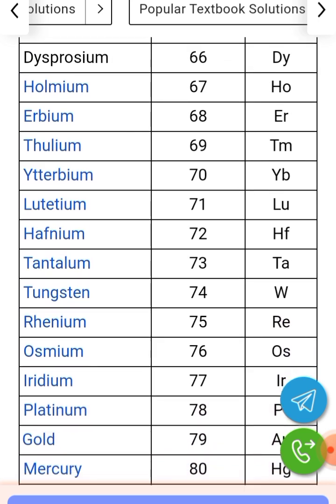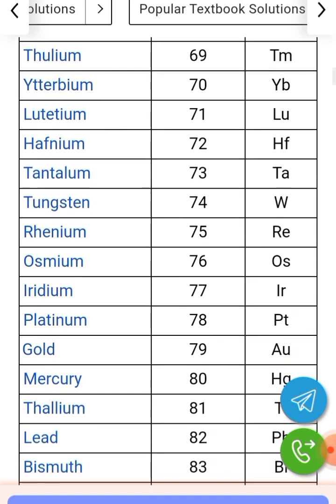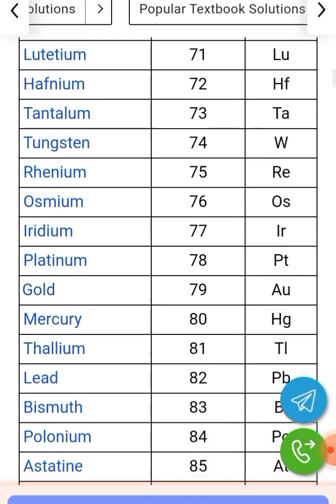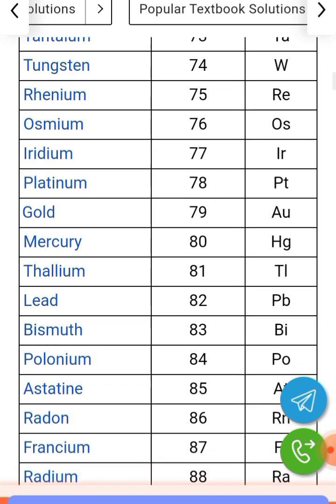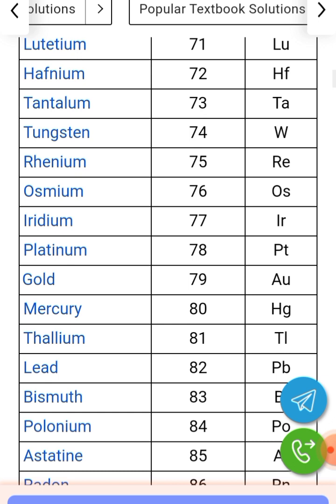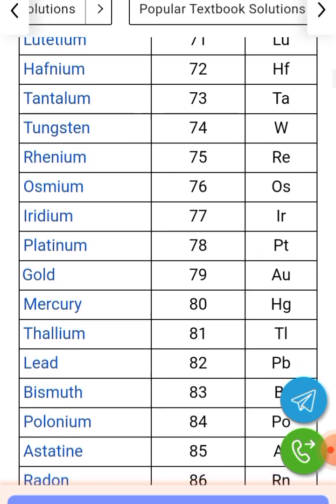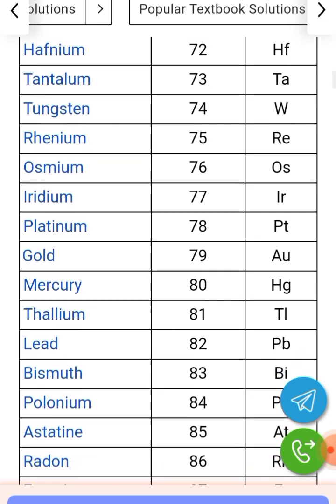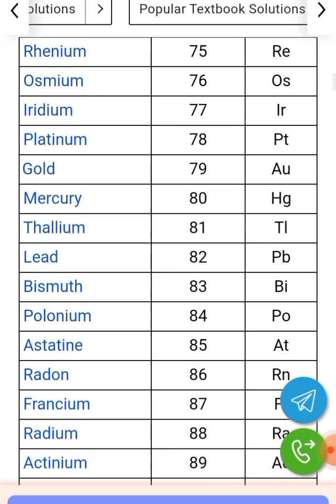I'm just looking for one now. Take note of tungsten, number 74. Tungsten, W. That is the symbol. Take note of that one.